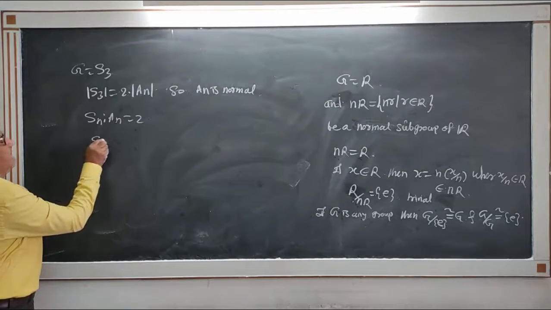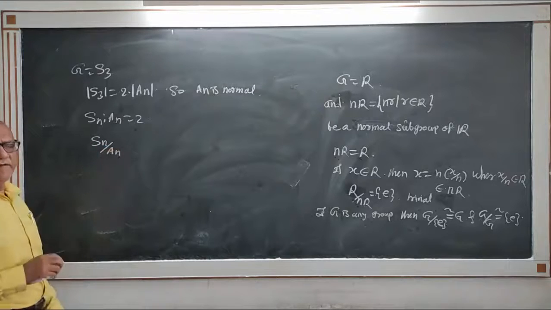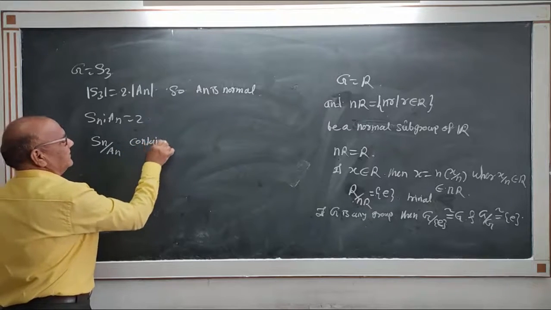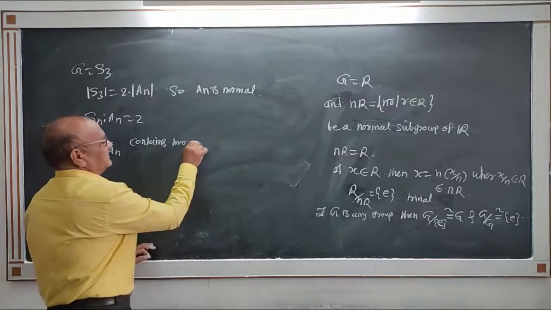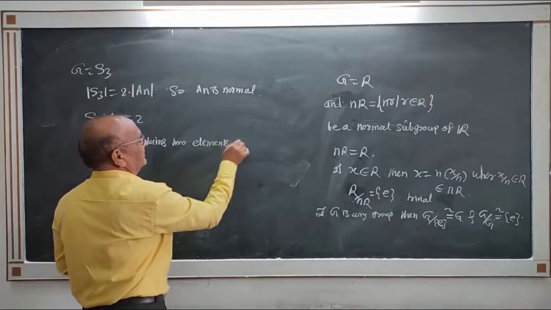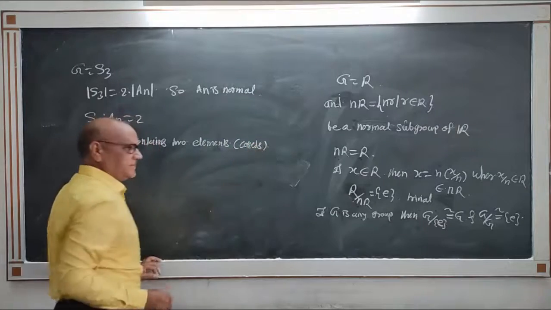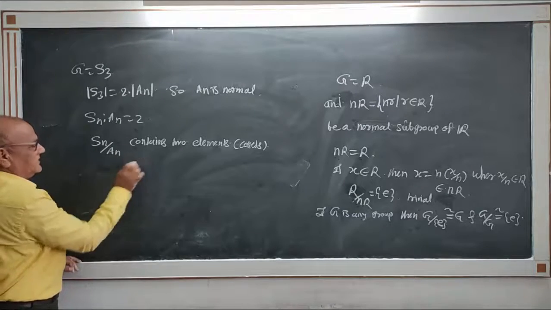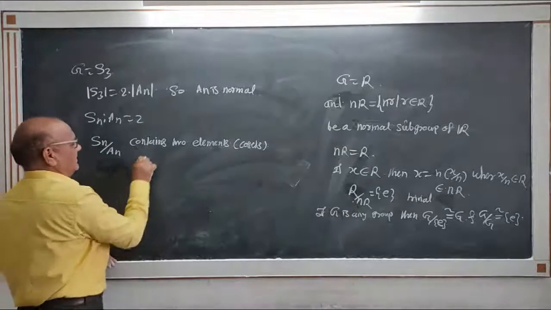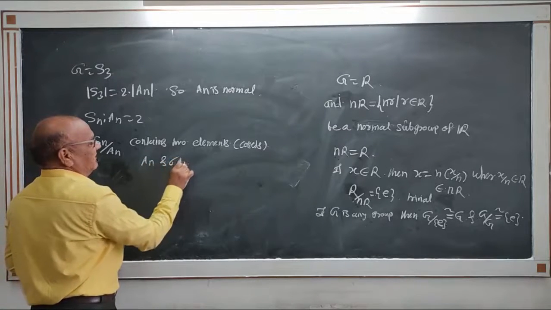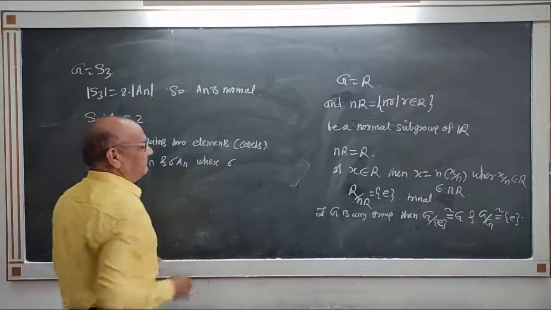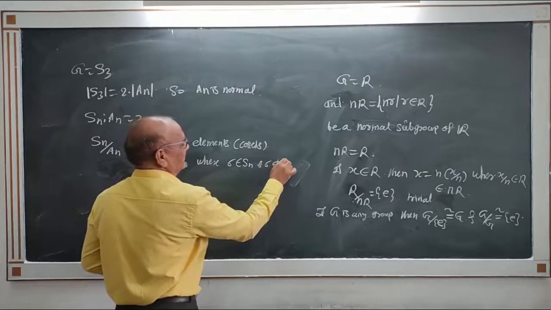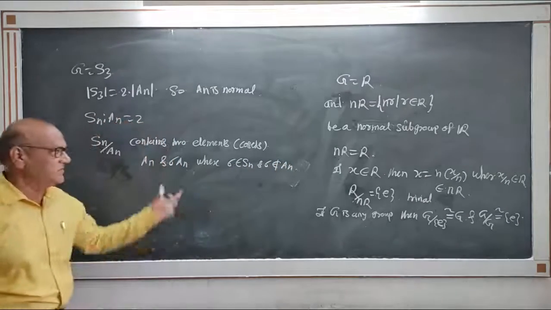That means Sn by An contains two elements, cosets, and those cosets are An and sigma An, where sigma belongs to Sn and sigma does not belong to An. Another coset.